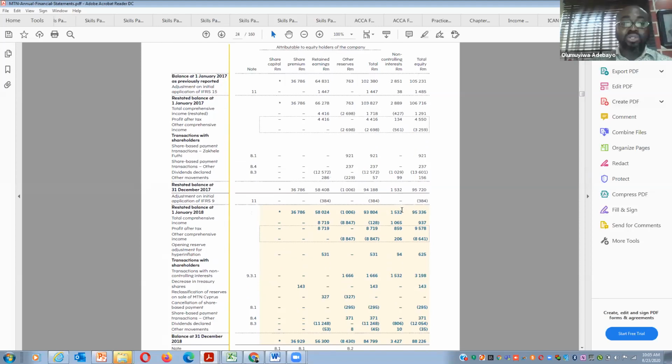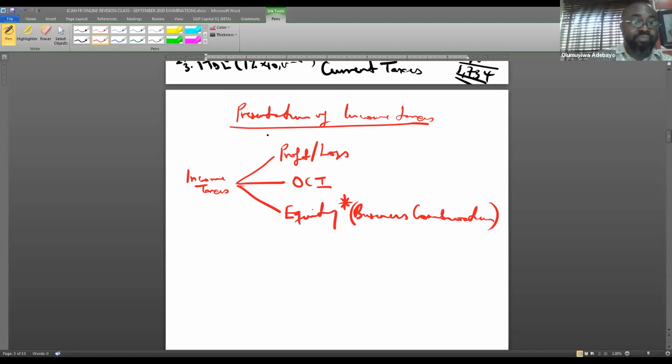Which means that, invariably, from our discussion, it's common to have it in these two, to be grouped into portion of profit or loss and portion of what? OCI. Now let's come back to the uncertain tax position.